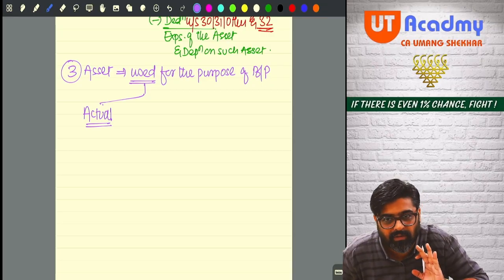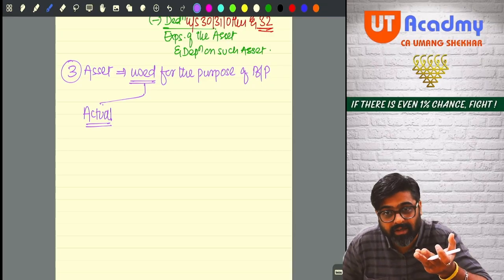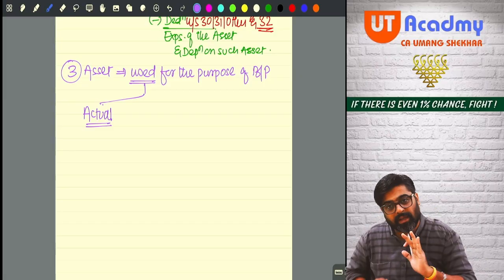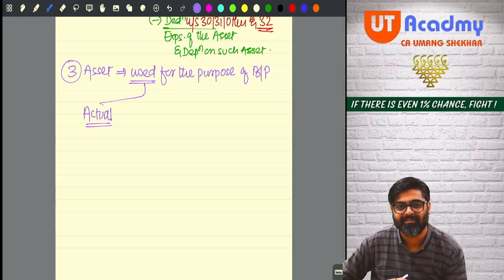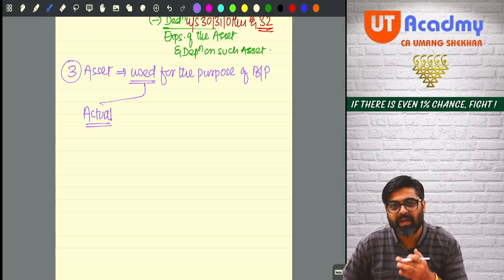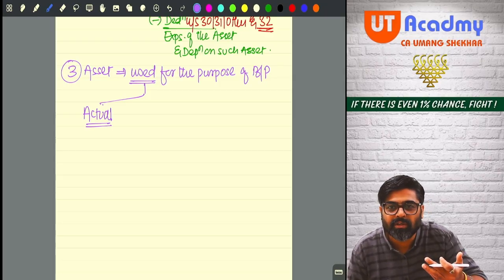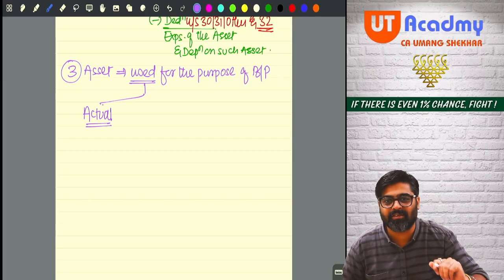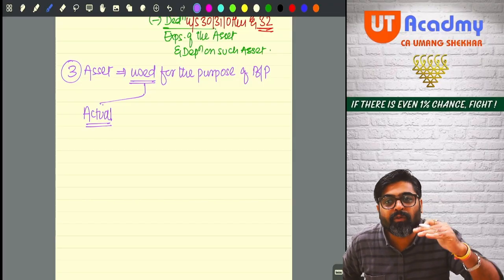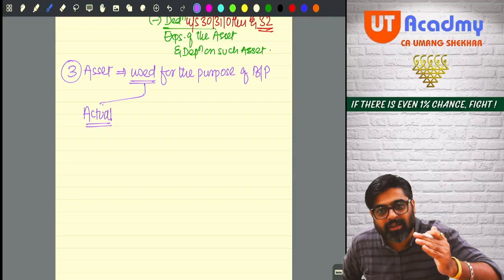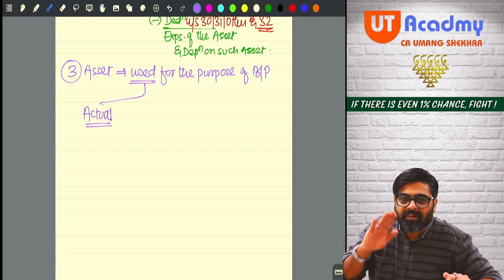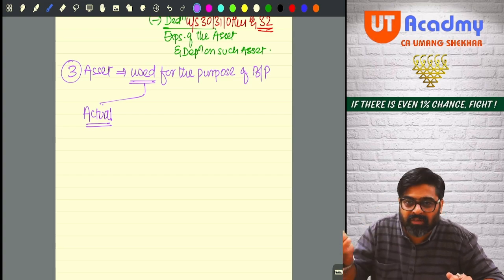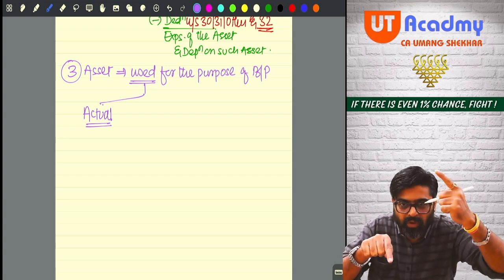Got it? No? So all the assets are actively used in my business to generate my business income. If the assets are used to generate your business income, only then from that income, the cost of that asset can be claimed as a depreciation. If the asset is not used in the business, is the asset helping to earn the income?